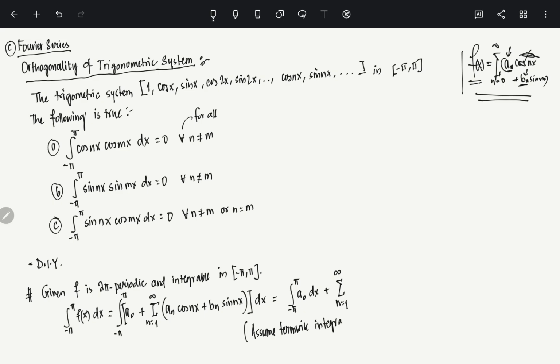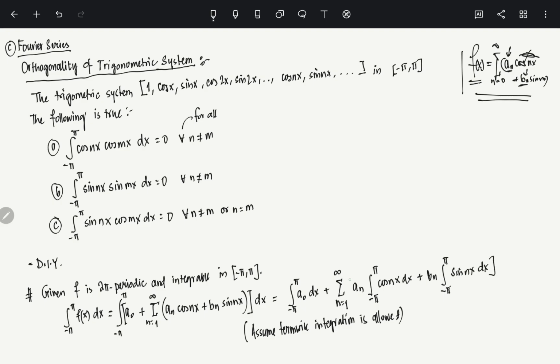So if we assume something like this, then we can do this integration term by term, right? So it becomes a_n integral minus pi to pi cosine nx dx plus b_n integral minus pi to pi sine nx dx.